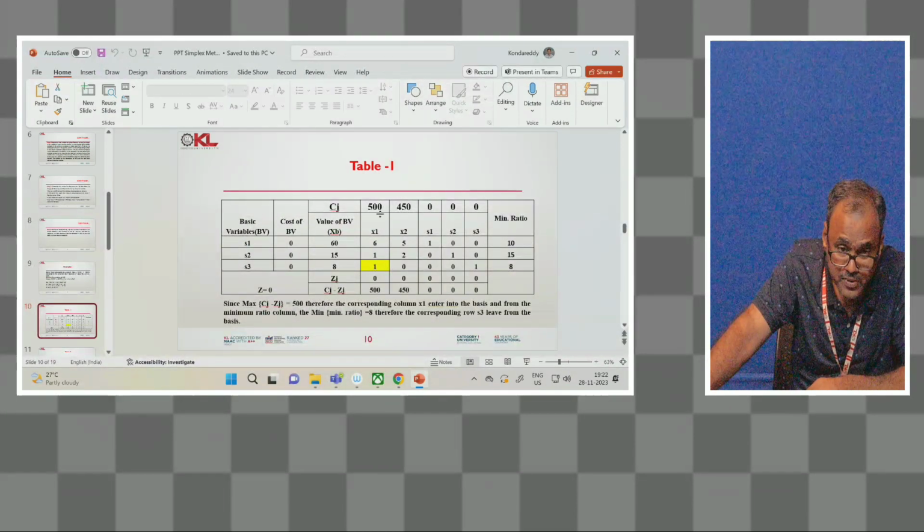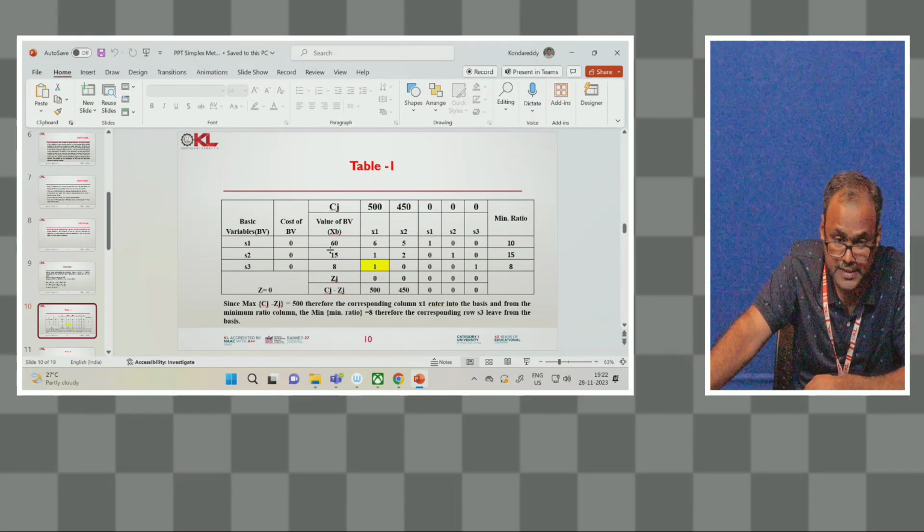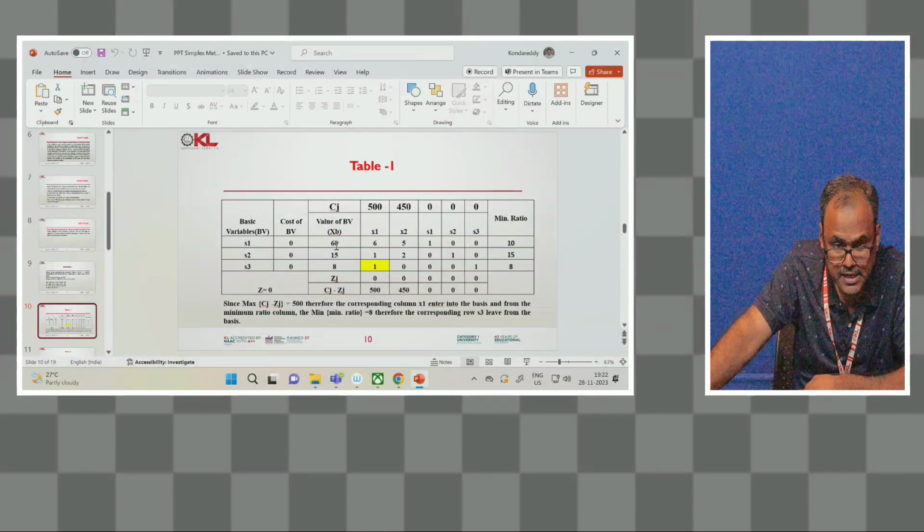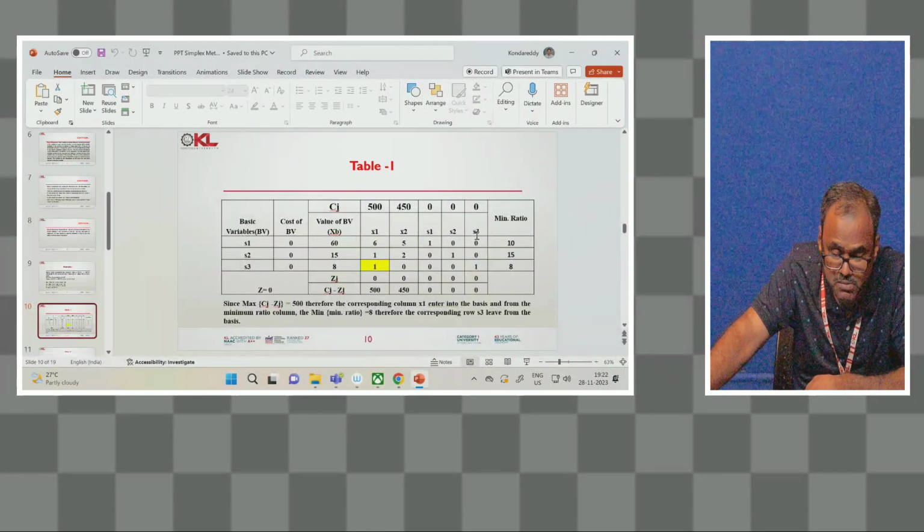The x1 is included. Now we have to decide, corresponding to the x1 coefficients, the values of the basic variables. The basic variables are divided by the incoming variable's coefficient column. So 60 by 6, 15 by 1, 8 by 1. By that we get the minimum ratios.